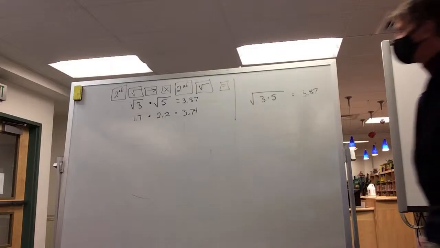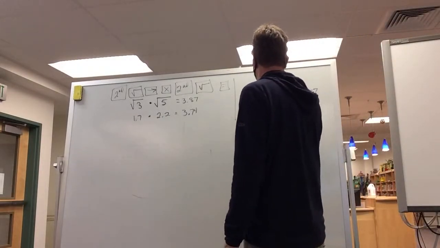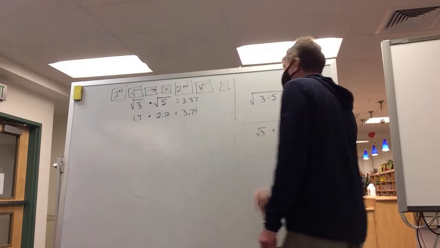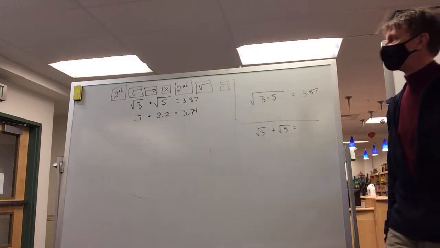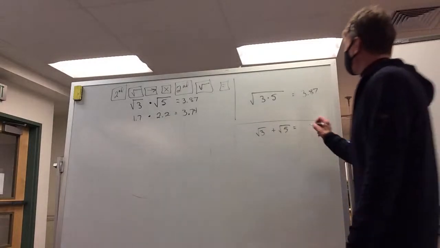Let's add one more piece to the puzzle. Let's do the square root of 3 plus the square root of 5. What do you get? It's just a little higher. A little higher, huh? 3.96.